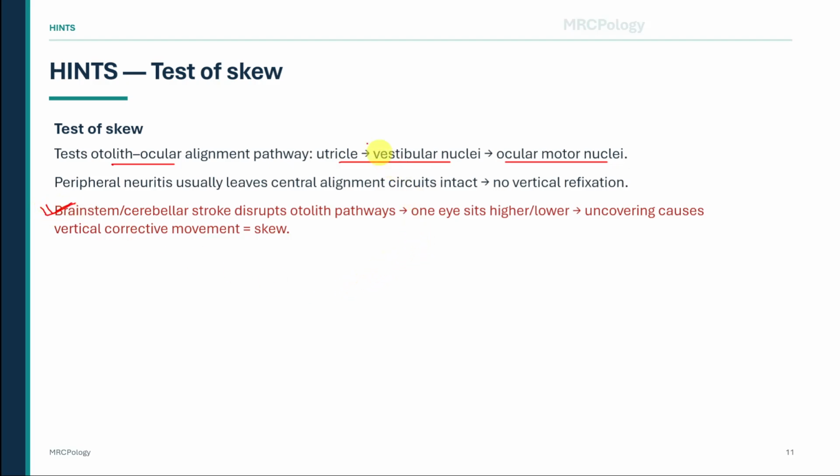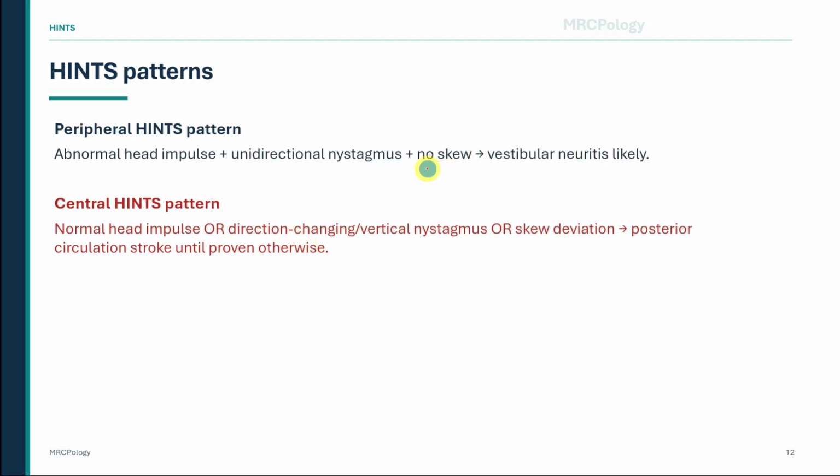So the peripheral HINTS pattern is abnormal head impulse, unidirectional nystagmus, and no skew. That pattern supports vestibular neuritis. The central HINTS pattern is normal head impulse, direction changing or vertical nystagmus, or skew deviation. Any one of these should make you think posterior circulation stroke until proven otherwise.